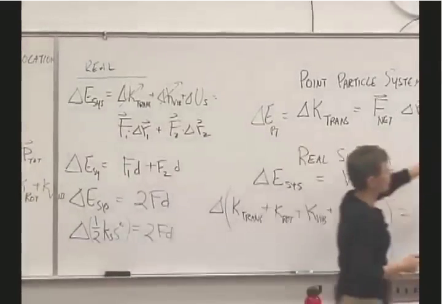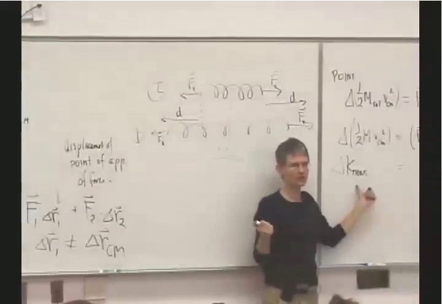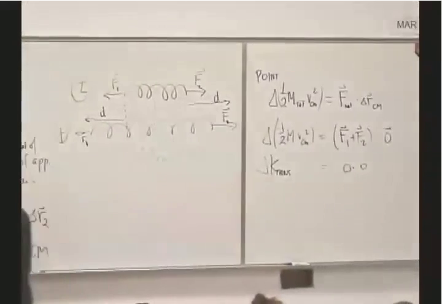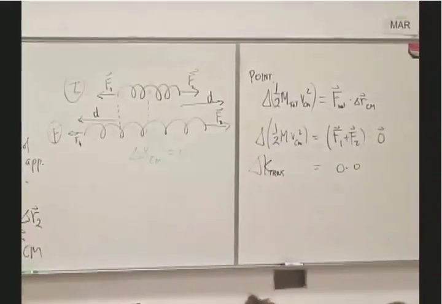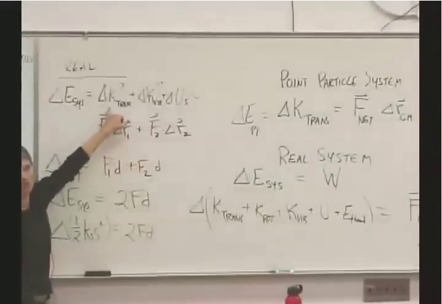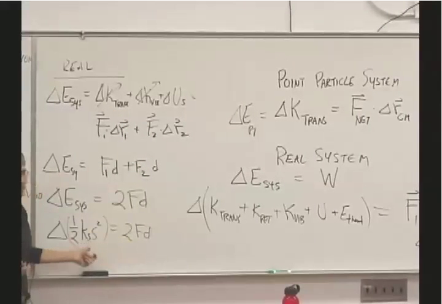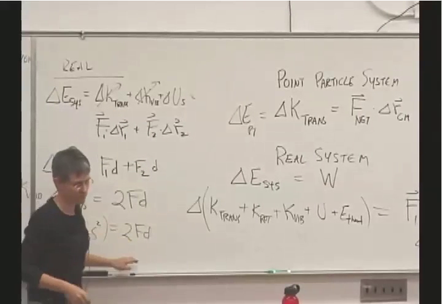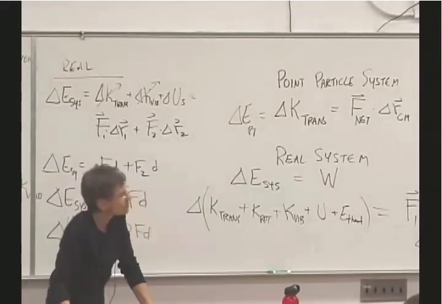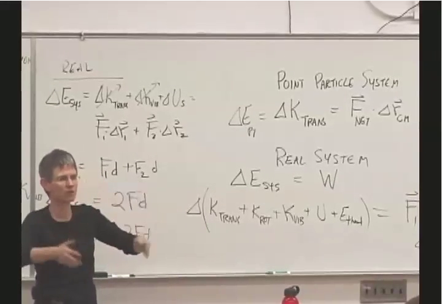If you treat it like a point, all you can get is a change in translational kinetic energy of the system, but that's a very important piece. And now if we come back here and analyze the real system, we can use that result to say we know that's zero. We already worked it out, and so we can get information about other kinds of energy changes. Let's work a more complicated example problem, and then let's just practice a little with looking at distances.